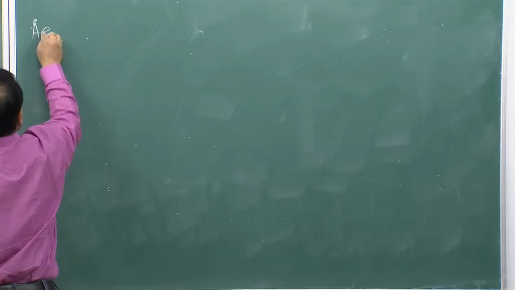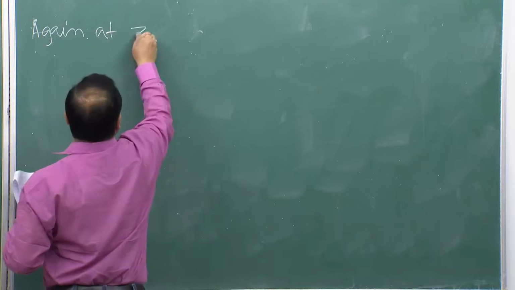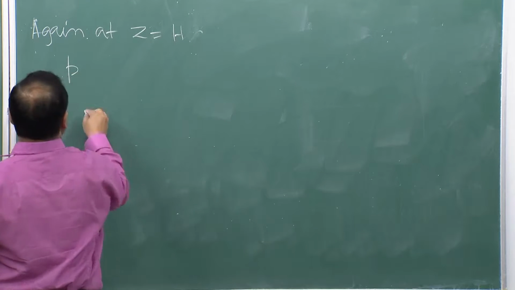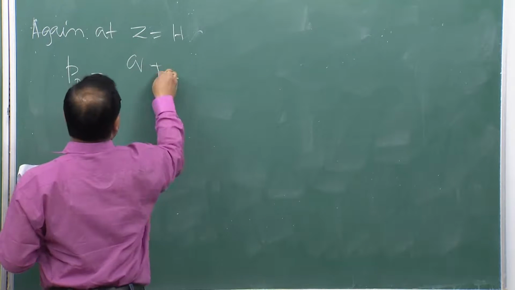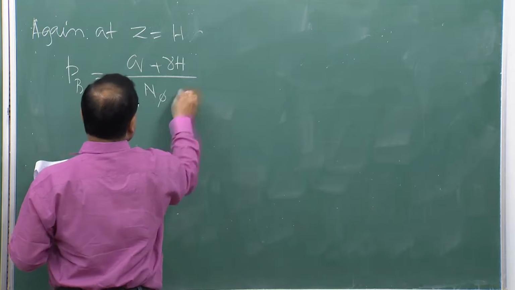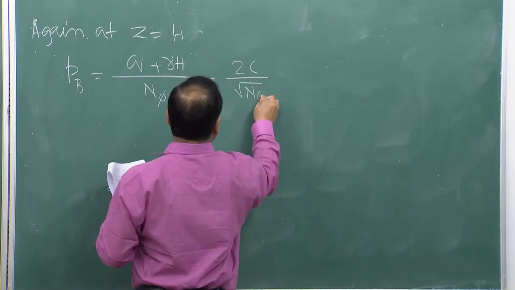So, again at Z equal to H, at the base of the wall, Pb is nothing but (Q plus gamma H) divided by n phi minus 2c root over n phi.